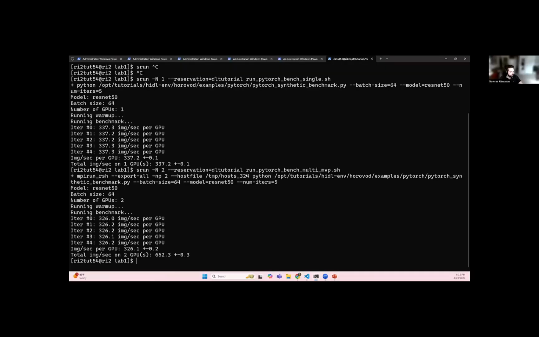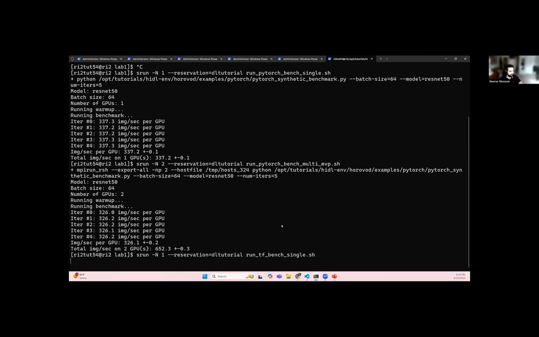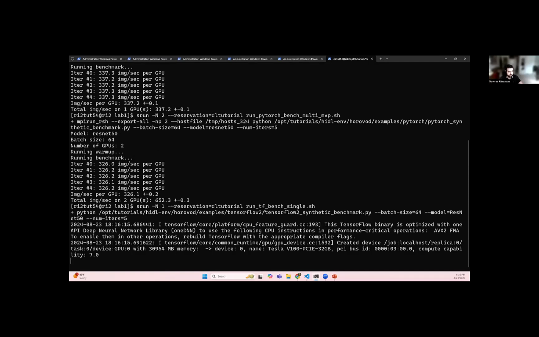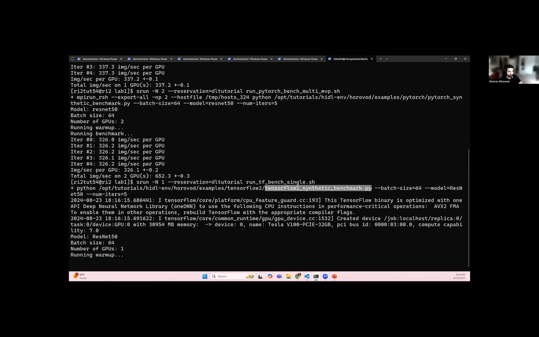So let me go to the terminal and post the command here. So exactly the same benchmark, the synthetic benchmark, same batch size, ResNet 50, and we're going to run it for 5 iterations.